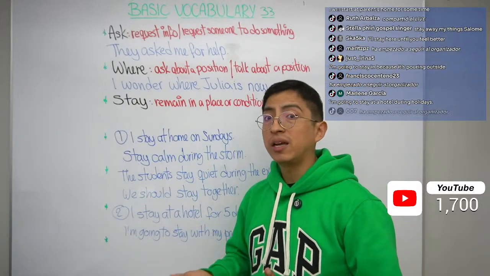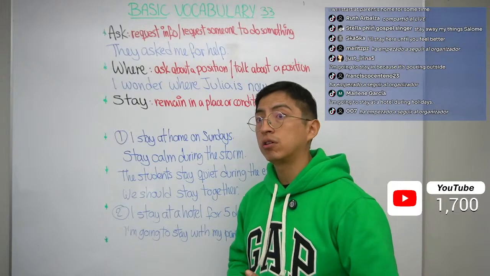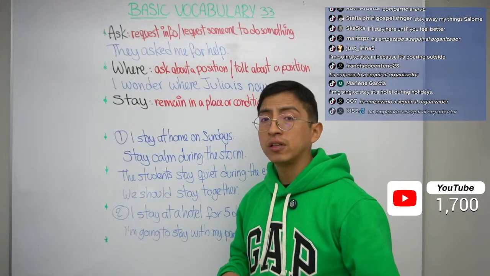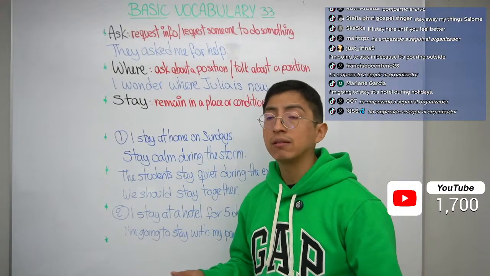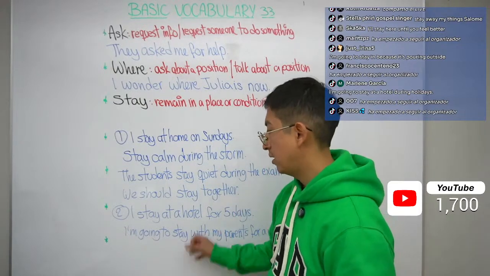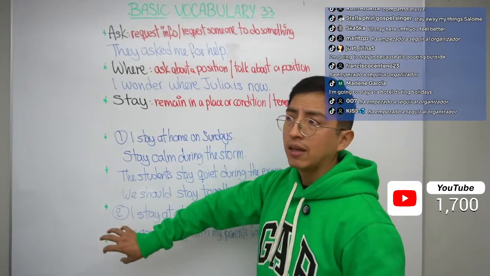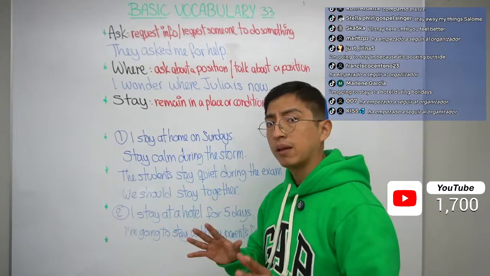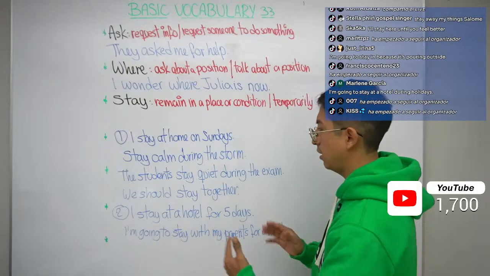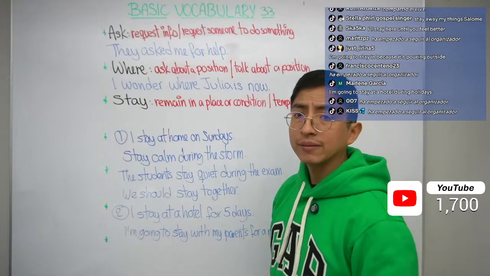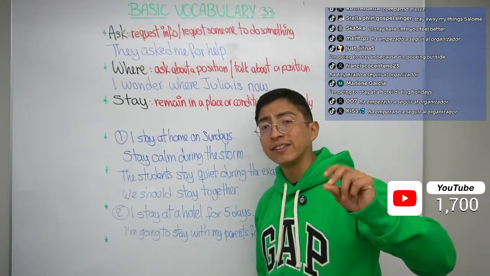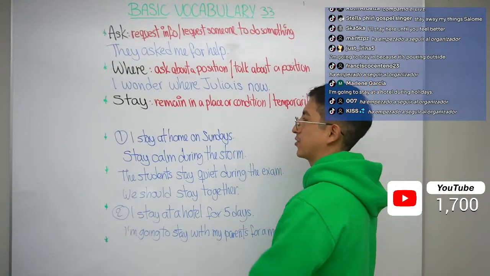I'm going to stay in Portugal for a month. I'm going to stay in Japan for a year. One more time, stay here indicates temporary periods, a limited or a short period of time. Well, guys, remember to write your own sentences. There you will find all the information.